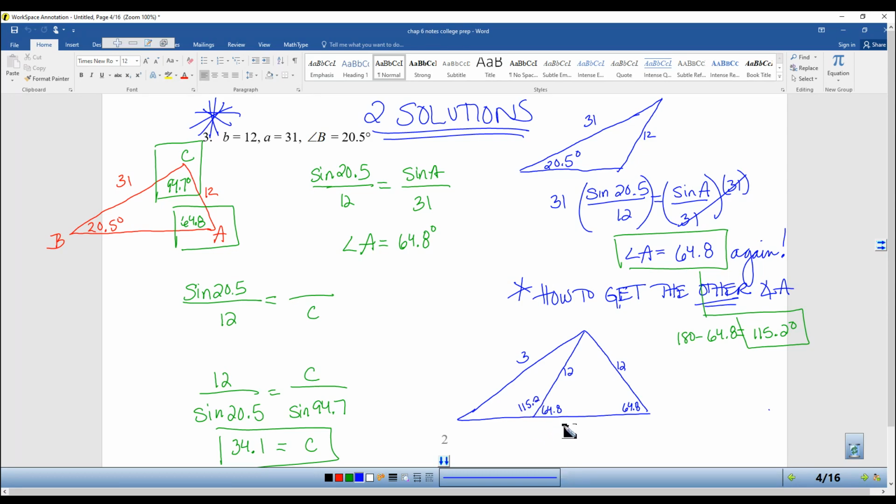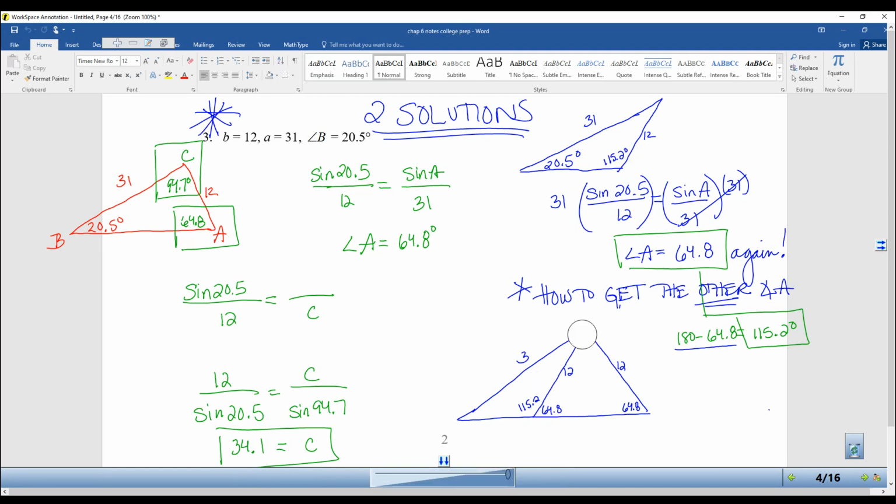They're supplementary. I subtracted from 180. So ironically, whether or not you're doing it using quadrant 1 and quadrant 2 or using this concept of the geometry, either way, the math you're going to do is 180 minus 64.8, and that's how you get the other one. But once you get this angle, you still need to go back and find all the rest of it.